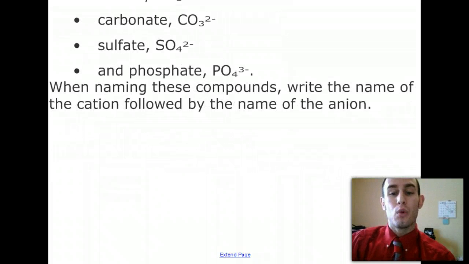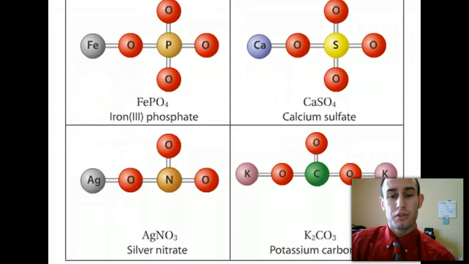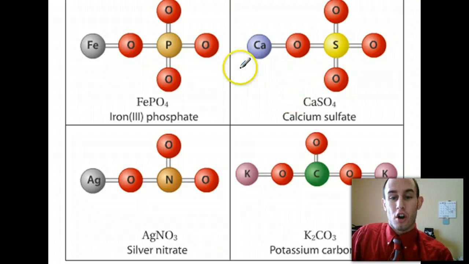Let's look at how we use the polyatomics in naming ionic compounds. Here's a few examples. Here we have an iron with a PO4, phosphate. You need to know here phosphate has a -3 charge. Since phosphate has a -3 charge, then my one iron has to have a +3.